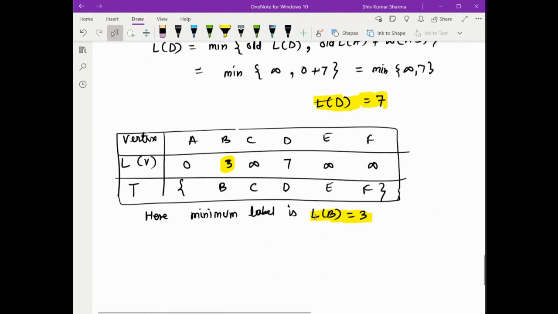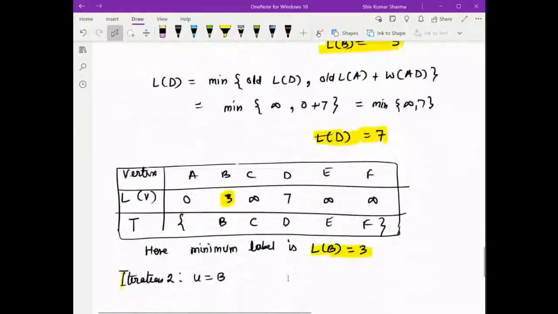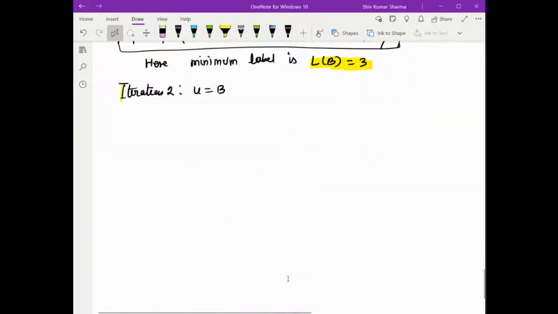So next vertex, that means next iteration, iteration 2. Here we selected U equal to A before, but now we select U equal to B, because the minimum level is that of B, which is 3.